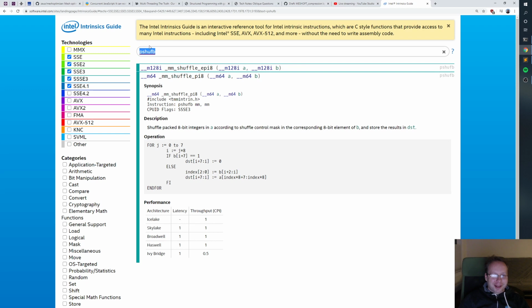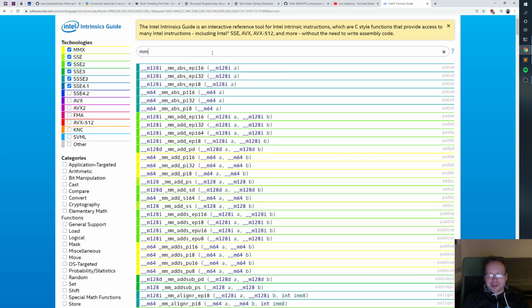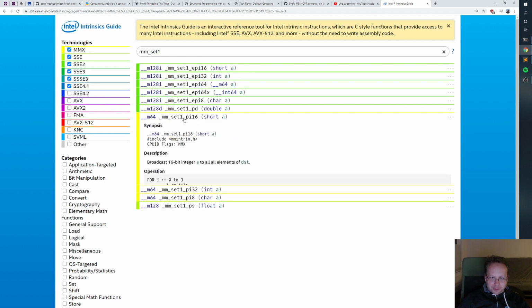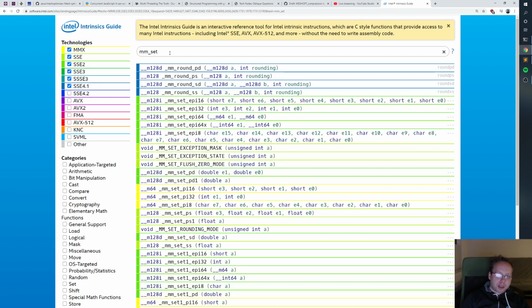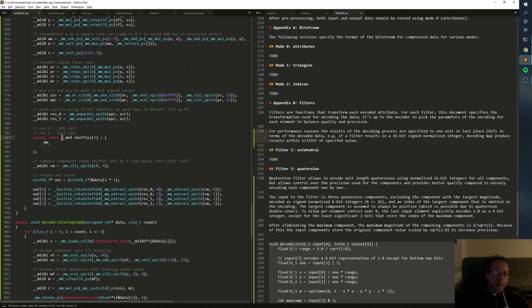I don't really know how do you set, like this. Can I do set PI 16? I can, okay.